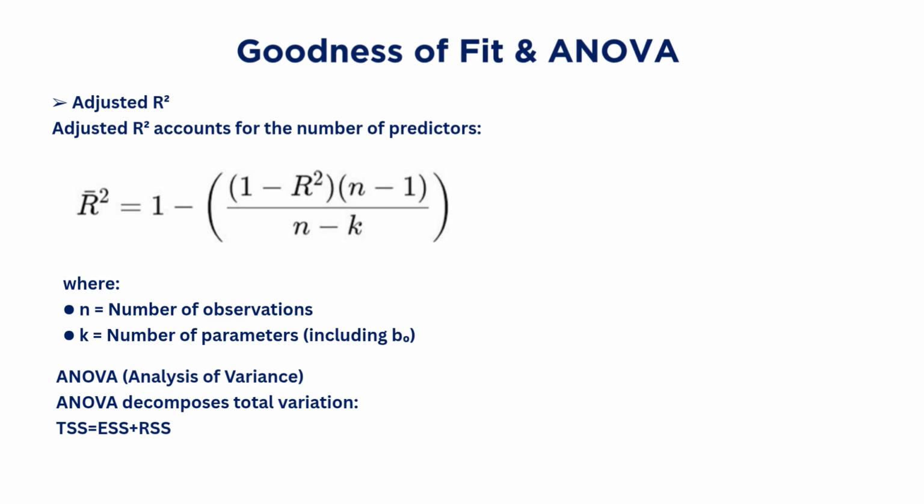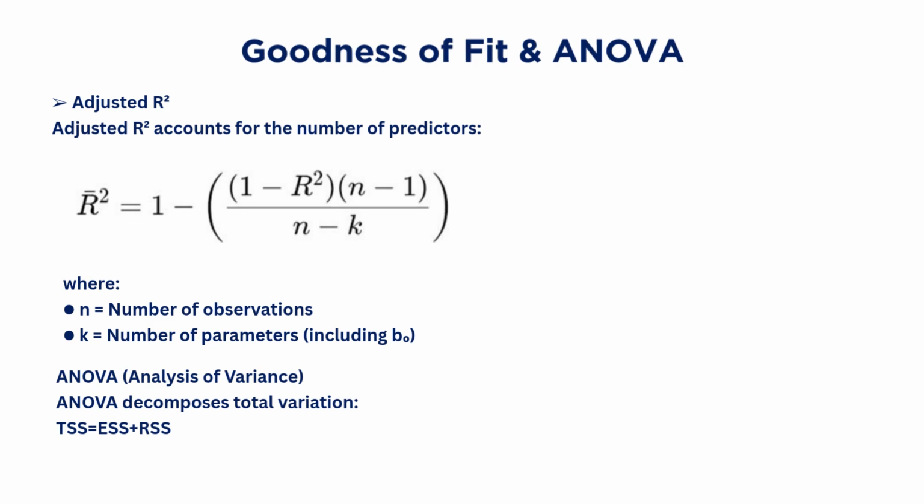Here n is the number of observations and k is the number of parameters. ANOVA. ANOVA decomposes the total variation: TSS is equal to ESS plus RSS.